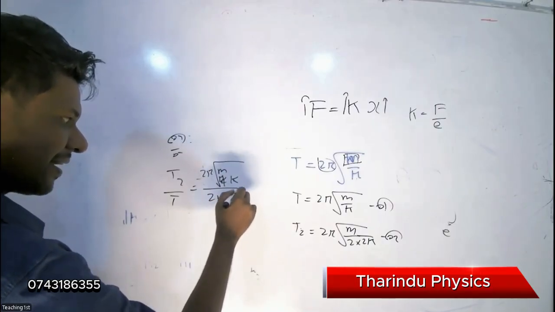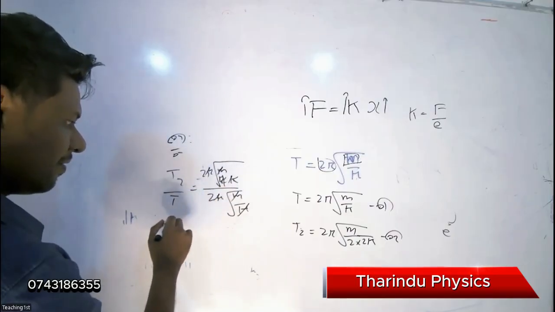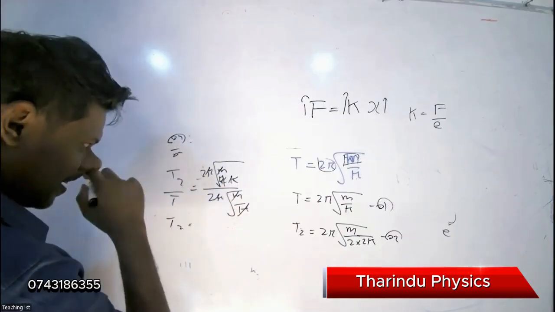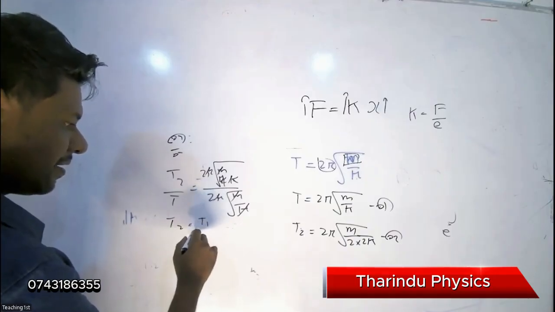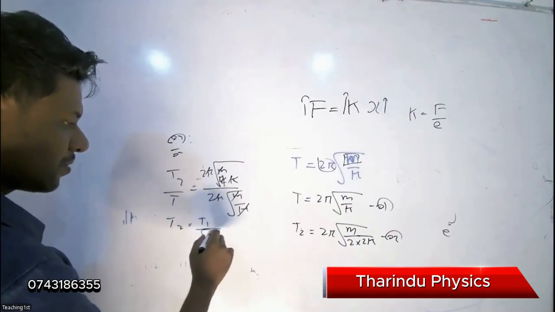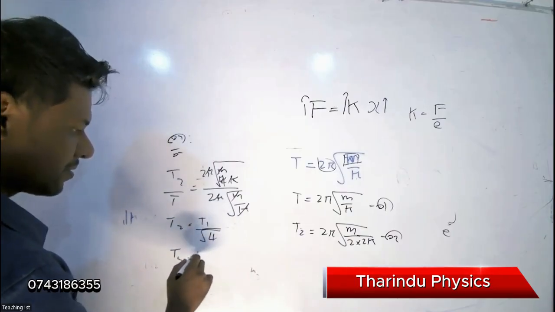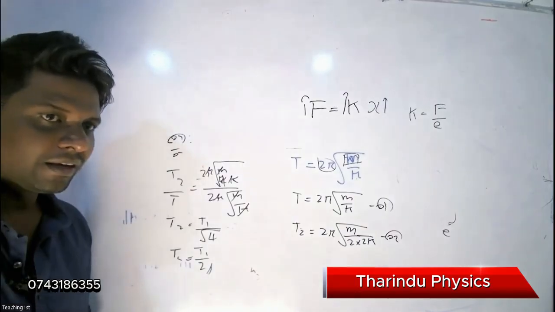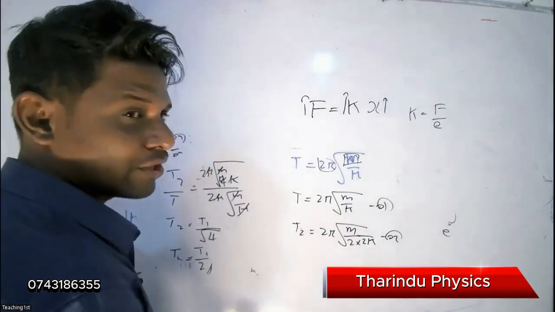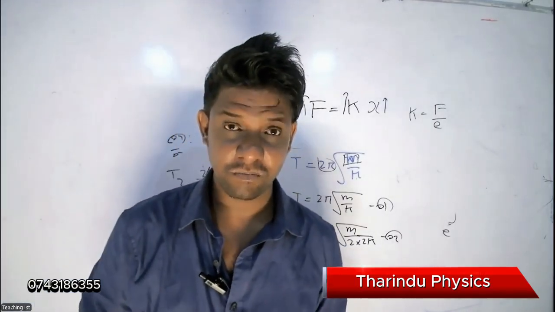So m over k cancels off, 2 pi cancels off. T2 will be what? T1 over square root of 4, that means T2 equals T1 over 2, right? That's the answer. But we should not do it like this.